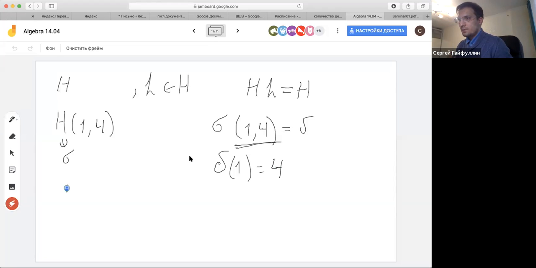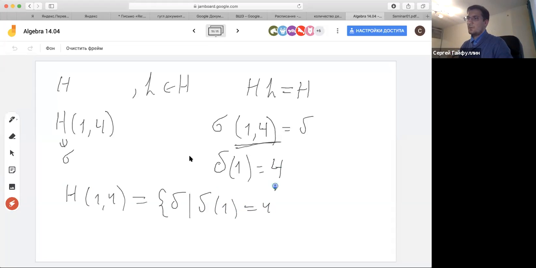So I want to prove that this right coset coincides with all delta such that delta takes 1 to 4. Let us prove it this way.